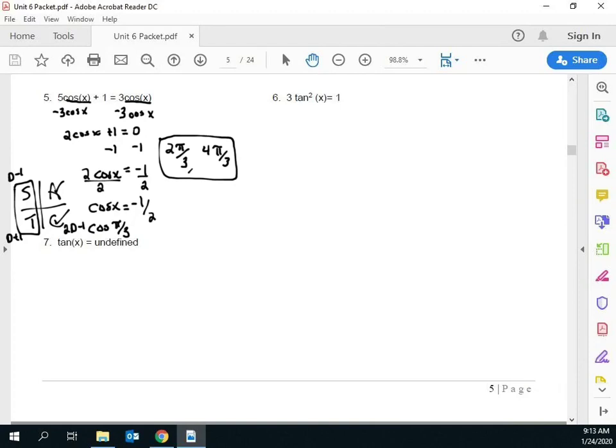Carly, what do we do? Divide by 3. Sam, what's next? Square root. Very good. Square roots.